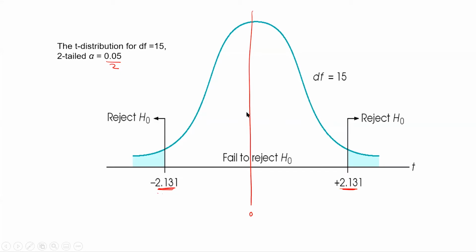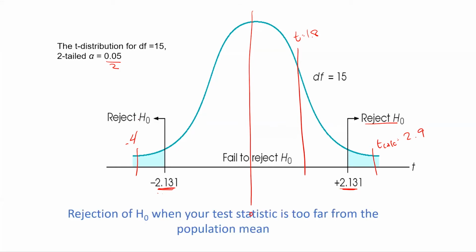So if our t-calc was, let's say, 1.8, we would fail to reject. On the other hand, if our t-calc was equal to 2.9, it'd fall into this rejection region, and we would reject our null hypothesis. Same if it was negative. If it was negative 4, we would reject our null hypothesis. It would fall into that rejection region.